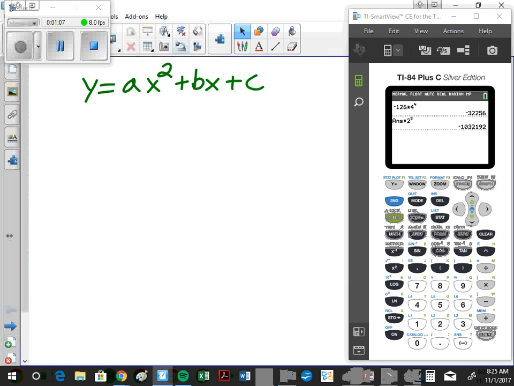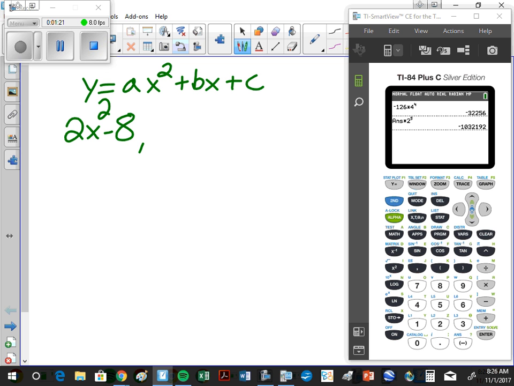these two equations. In A, y equals 2x squared minus 8x, and in B, 2x squared minus 8x plus 6. Okay.